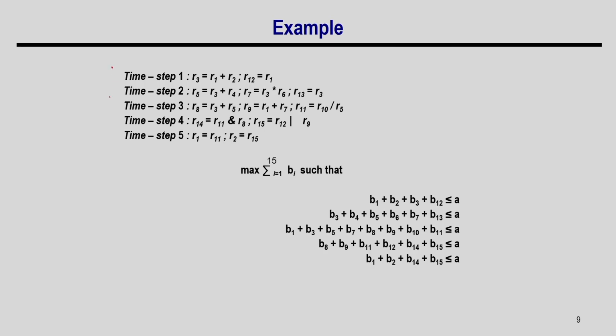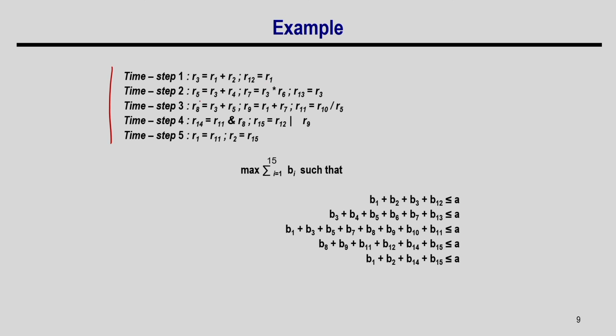So, let us take an example. Here the lifetime does not matter, but the schedule is very much important, because we need to know which operations are getting executed in each timestamp; from there I can understand which variables are going to be accessed. So, let us say I have been given this particular schedule. In timestamp 1, R3 = R1 + R2 is happening and R12 = R1 is happening.